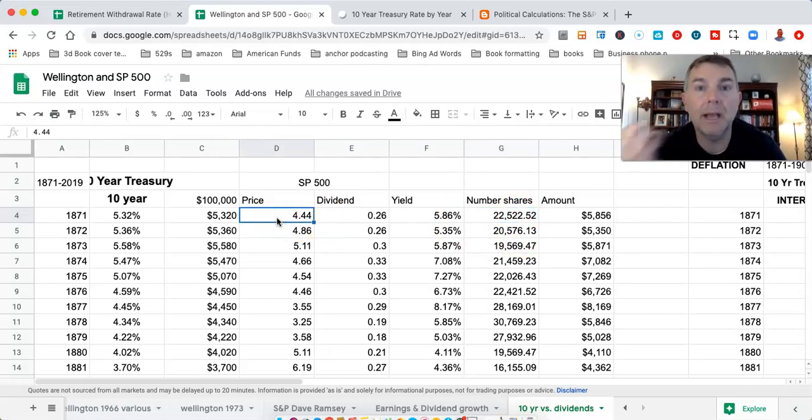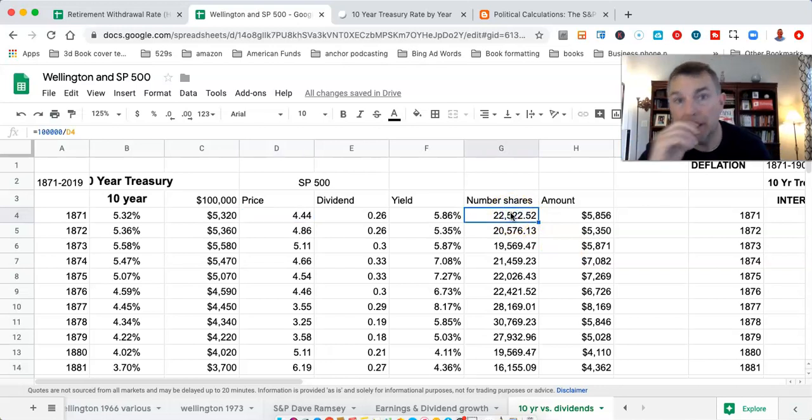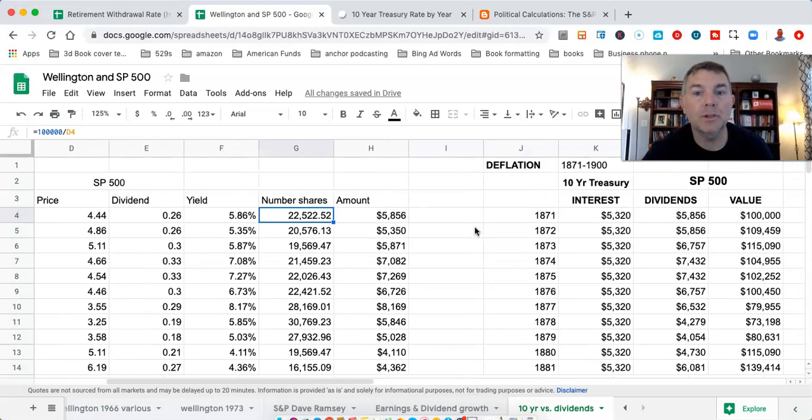That gives us a $100,000 starting value. Remember, you're going to your friendly broker, saying, I want $100,000 of S&P 500. The guy's saying they cost $4.44 right now, which will give you 22,522 shares. That doesn't mean anything initially, but it will later on. I hope that makes sense. So let's go show you what it looks like.